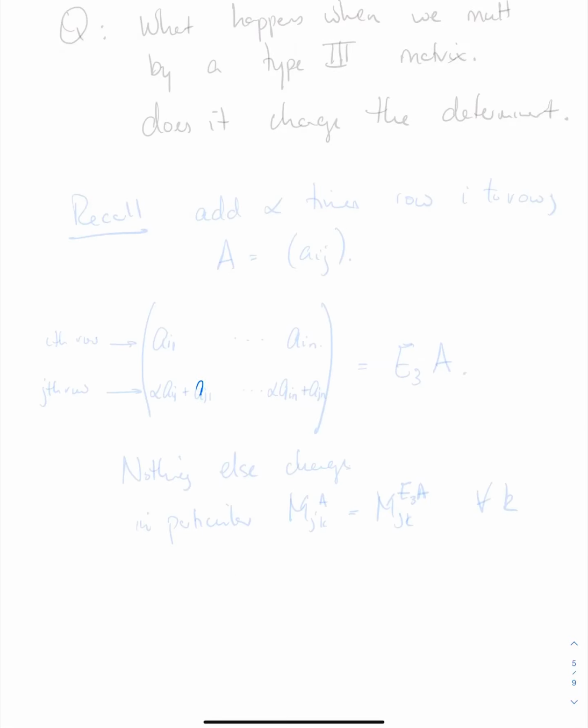All right, but what were we trying to do? Question: what happens when we multiply by a type 3 matrix, and does it change the determinant?